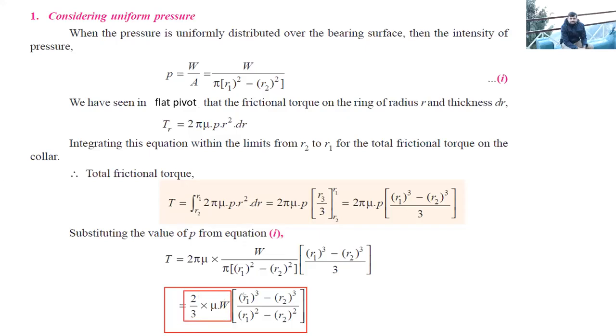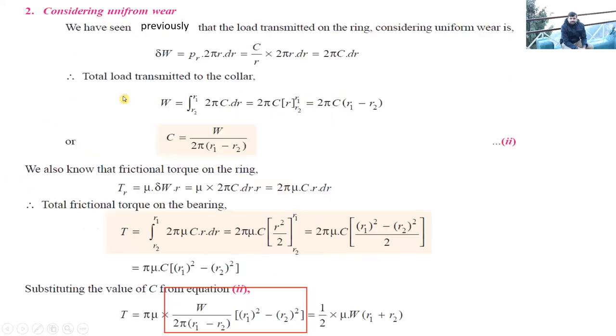Only the effective radius employed here is different. This is the expression for frictional torque in a thrust bearing considering uniform pressure theory. Now let's move on to uniform wear theory.